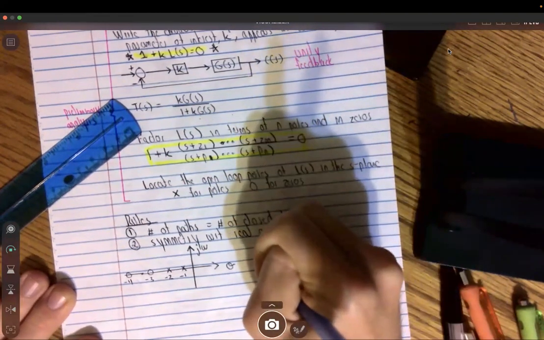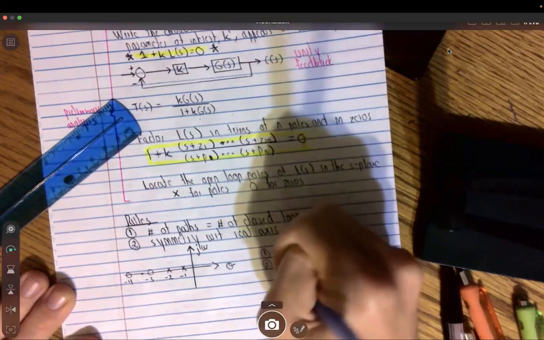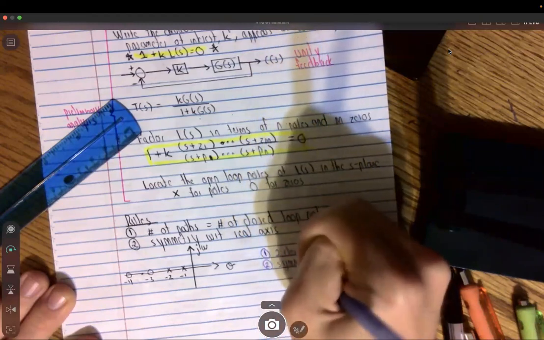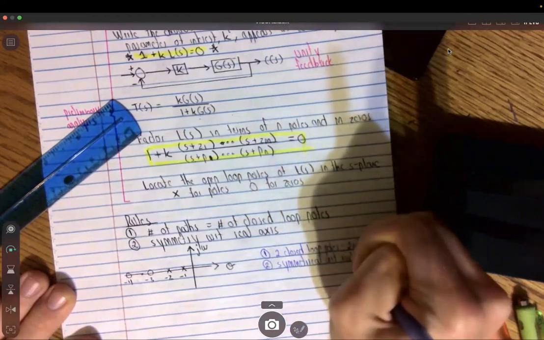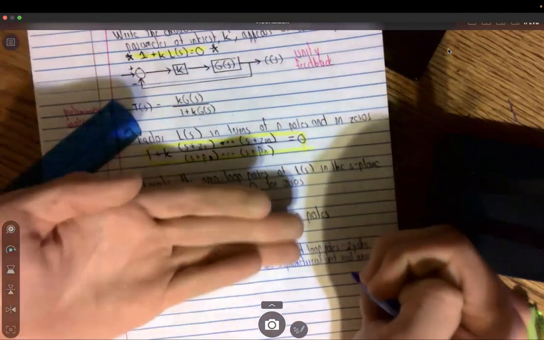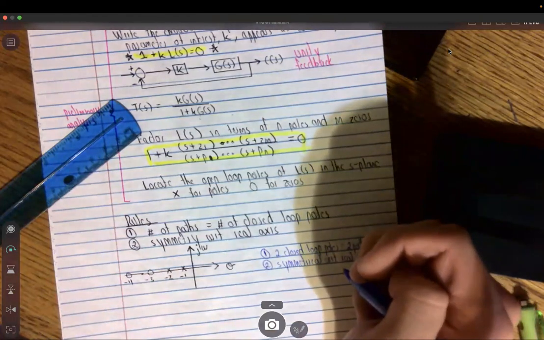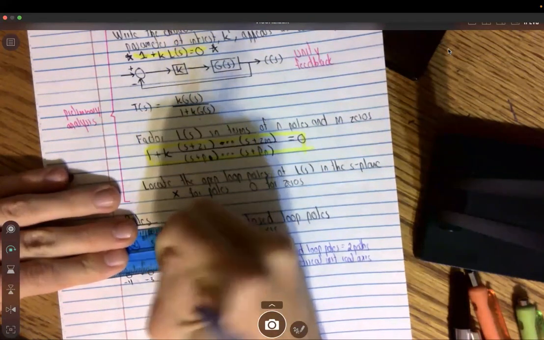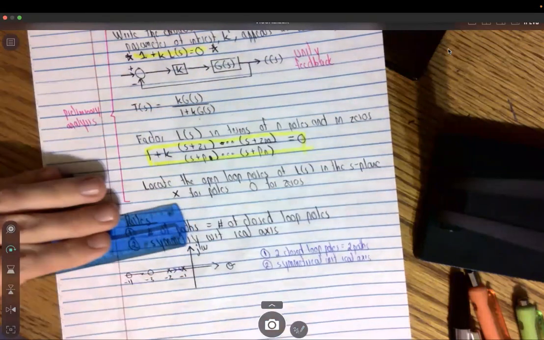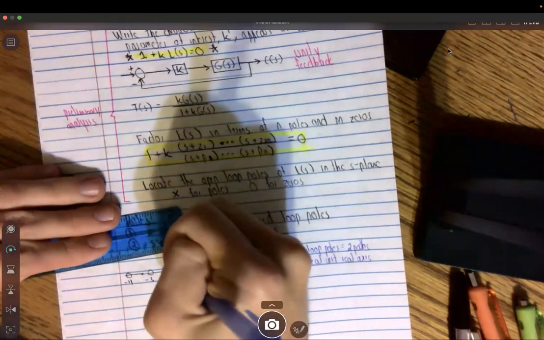The next one is that our root locus must be symmetrical with respect to the real axis. And so it should be the mirror image when we flip it over. When I'm looking at this, I notice I have my poles here, and then it's going to go over.